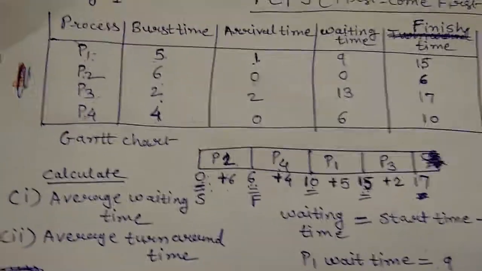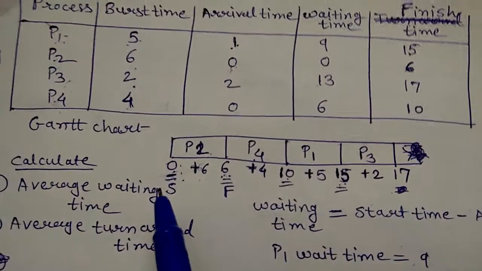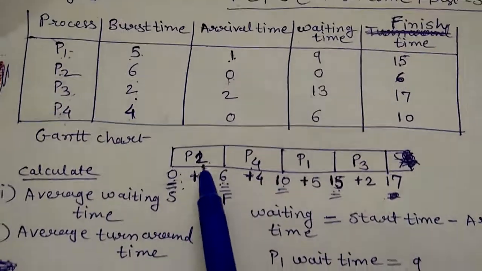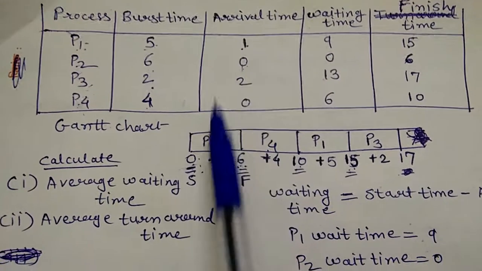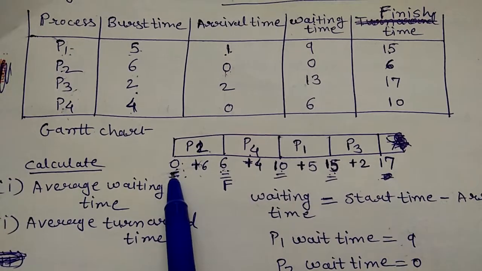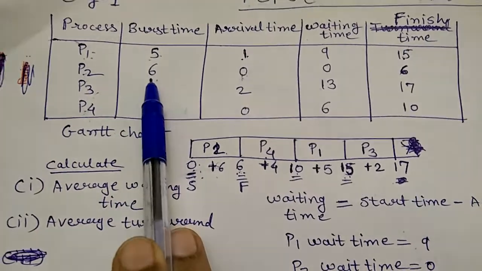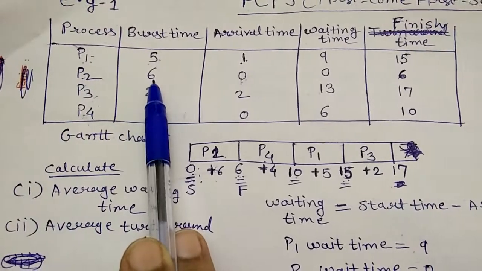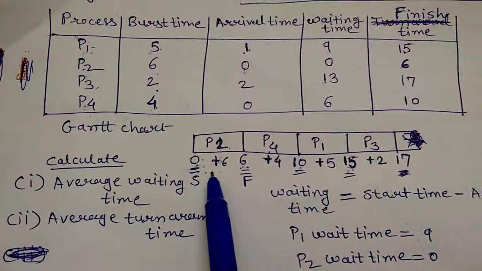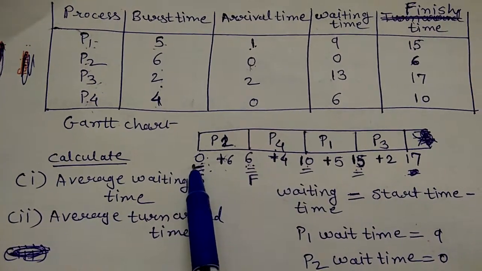Okay. Now, according to this, let's see how the start time and the finish time will be determined. Now the arrival time, as we know, of P2 is 0, but the burst time of P2 is 6. So what we are going to do is add this 6 and 0, right?